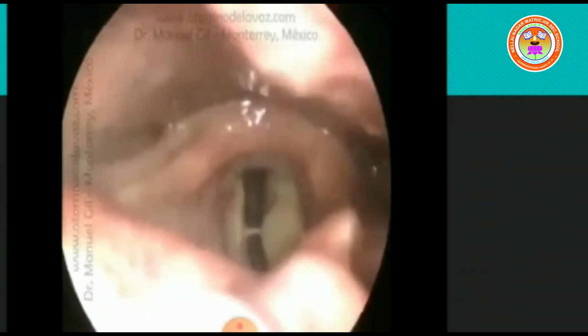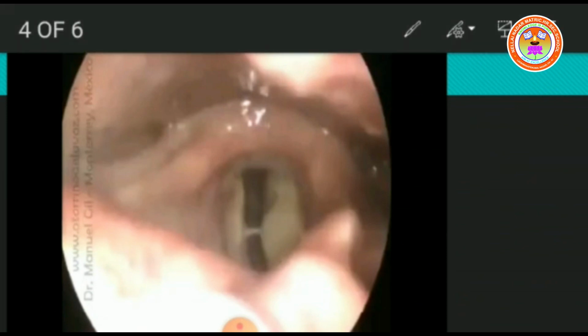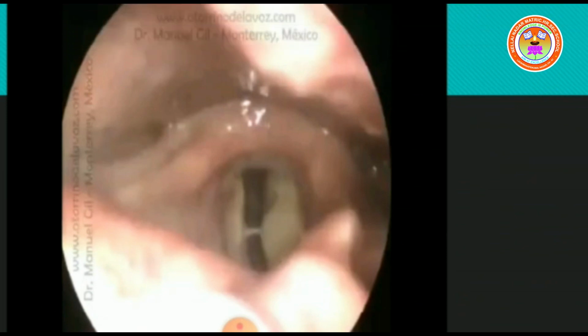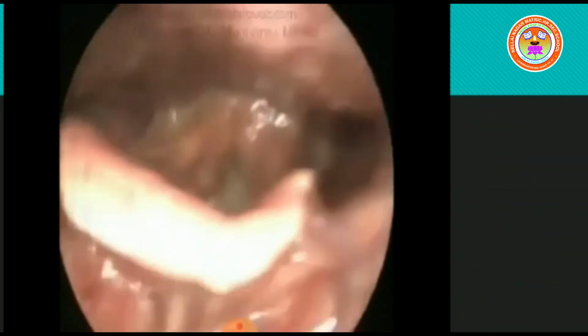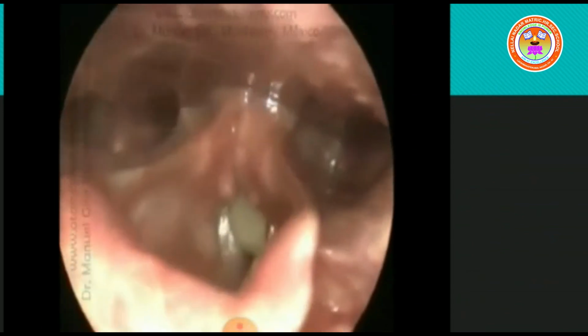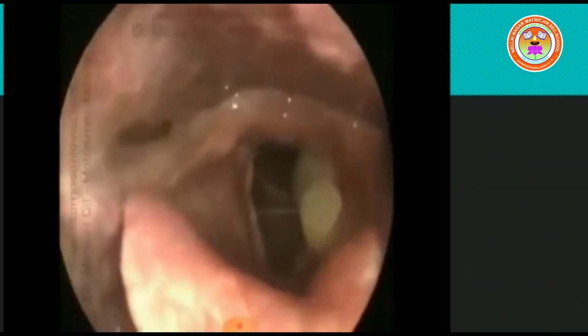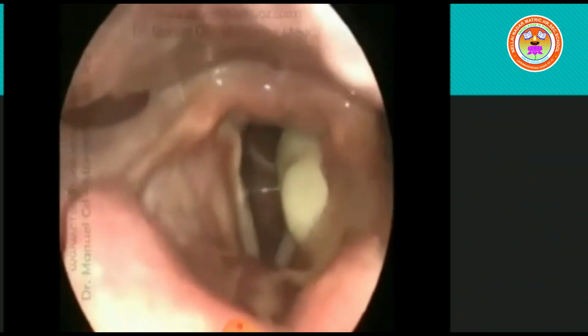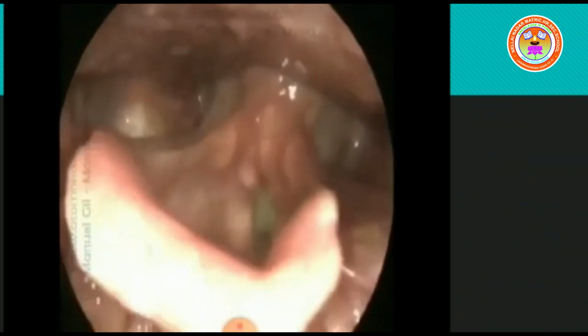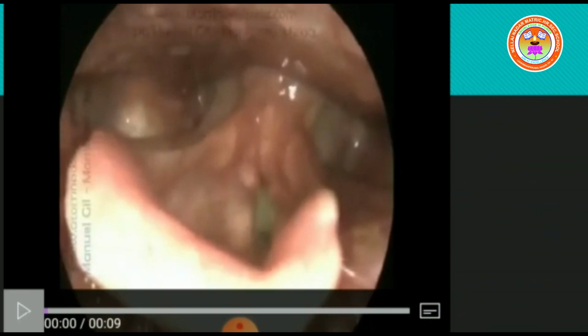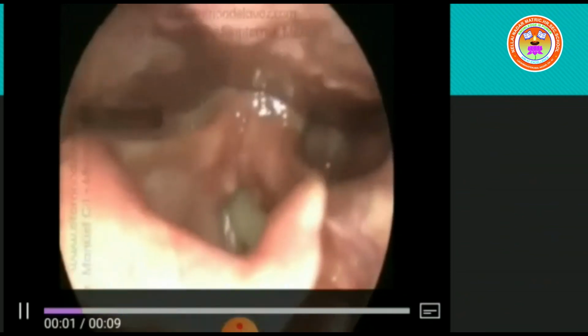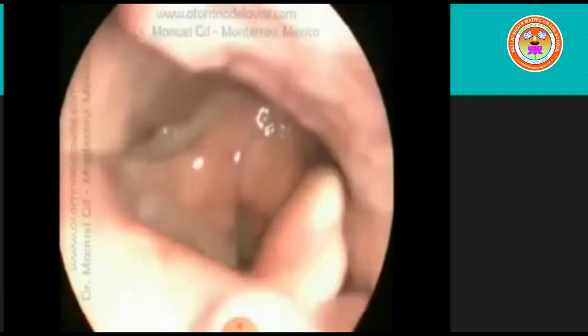When a person speaks, the air from the lungs is pushed up through the trachea to the larynx. When this air passes through the slit, the vocal cords begin to vibrate and produce a sound.